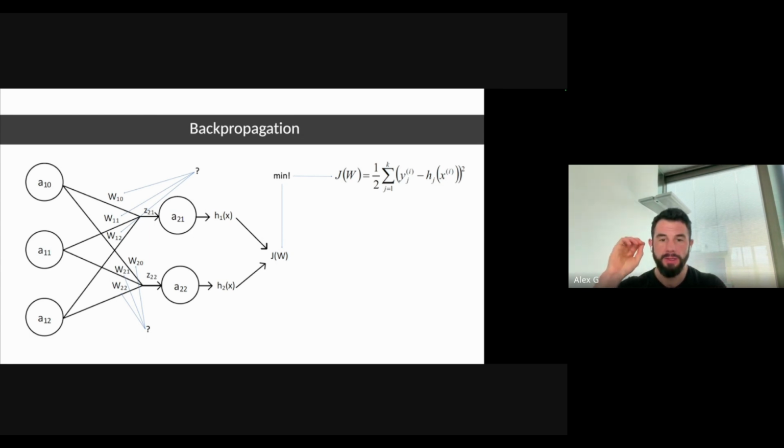But it never happens because every gradient is computed without taking into account the impact of other gradients. So we always miss, but with time we miss less and less.